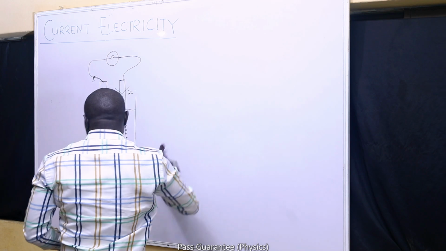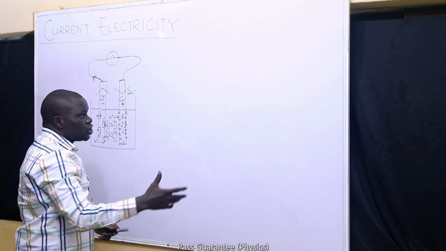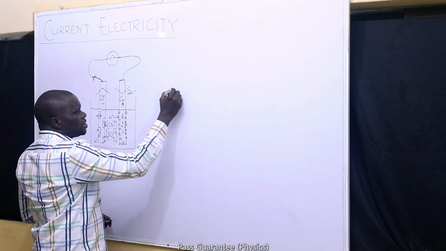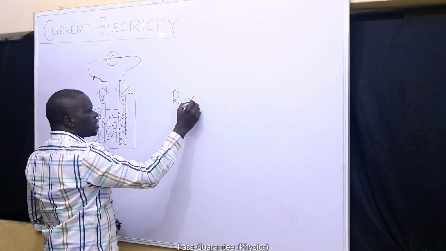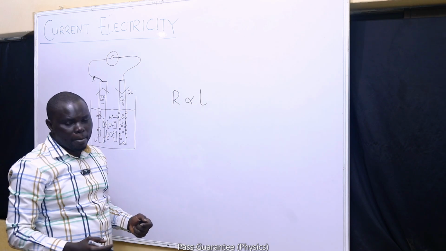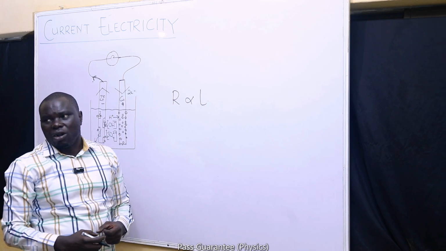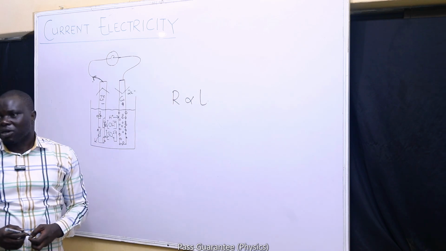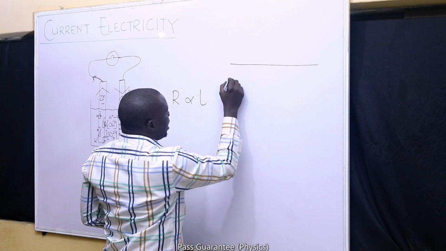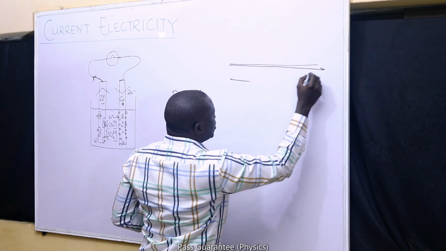Electrical components, I said earlier, have resistance, which is the opposition that they give to the free flow of current. The resistance of electrical components is directly proportional to the length. If we consider a wire, the longer the wire, the more the resistance of the wire. Why? Because when the wire is very long, compared with a shorter wire, it will take some time before the current can traverse the length of this wire.